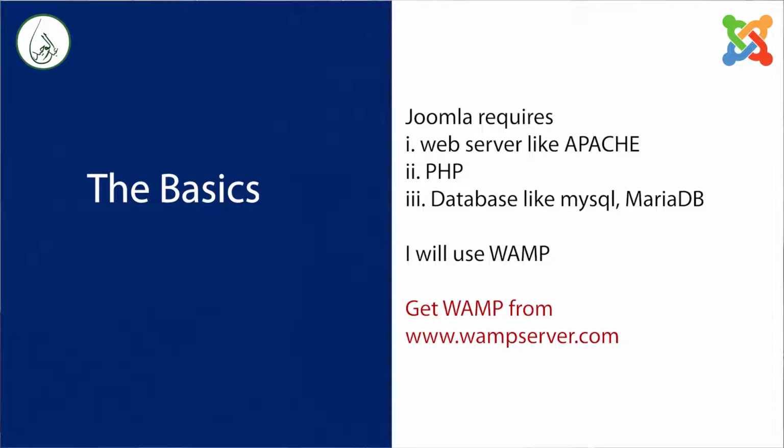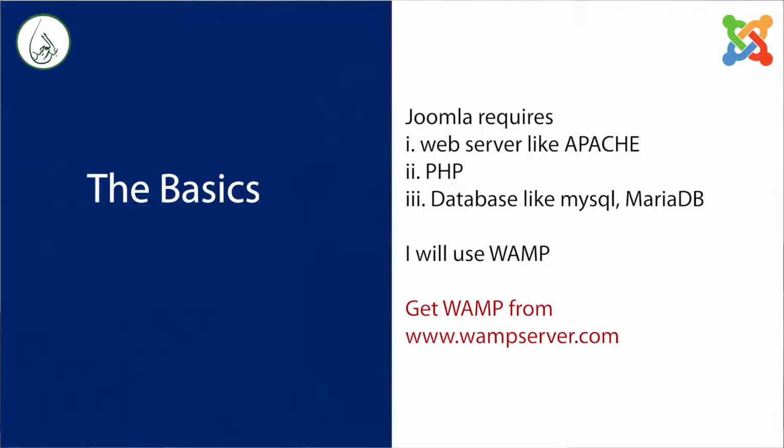WAMP is short for Windows Apache MySQL PHP. Another popular software that people use is called XAMPP. But as I told you, I will use WAMP in this course, so I will focus on WAMP.